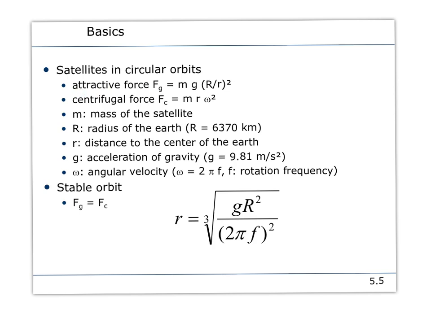Of course, they have the attractive force, which is proportional to the mass of the satellite and the gravitational acceleration, and this is the radius of Earth, and this is the distance of the orbit from the center of Earth. So this is the gravitational force.